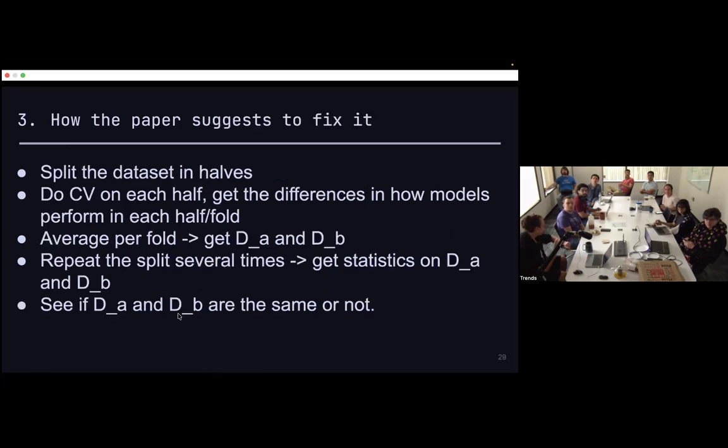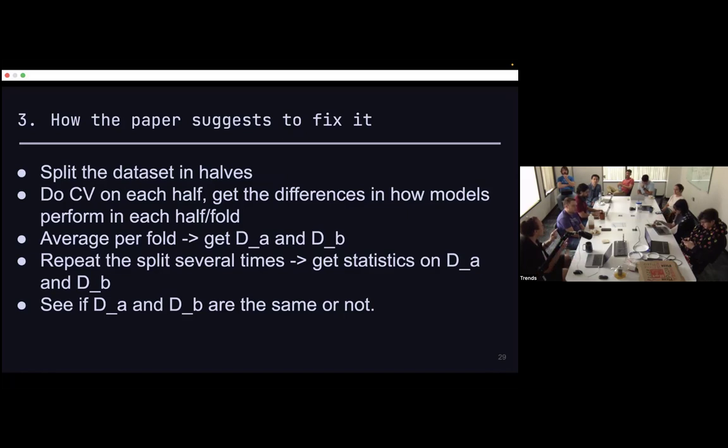So to finish it off, the thing that the paper is proposing to address this problem of correlated results is a modification to cross-validation, performed many times on the halves of the data set. If you have a data set, you can split it in half, and you can do cross-validation on each half, with as many folds as you like. If you use 5-fold cross-validation, you get 5 results for each half.